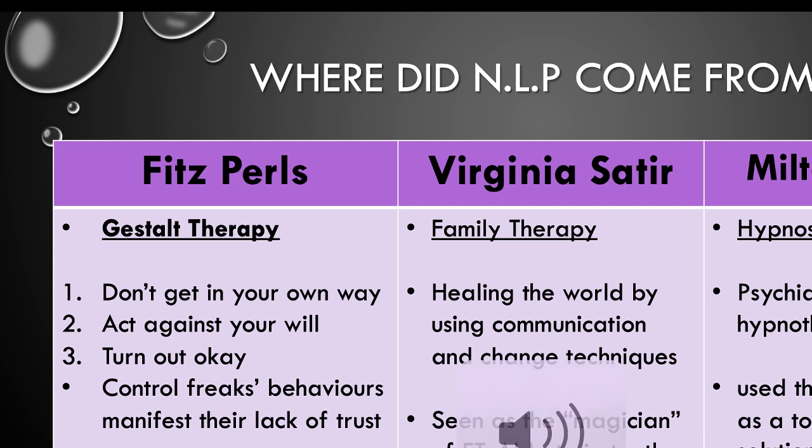So anyways, I won't get too sidetracked by that, but the person who Grinder and Bandler were very inspired by was Fritz Perls. Basically, he had the idea that maturity, compared to immaturity, was the ability for a person to manage their frustrated desires alone without the help of someone else.